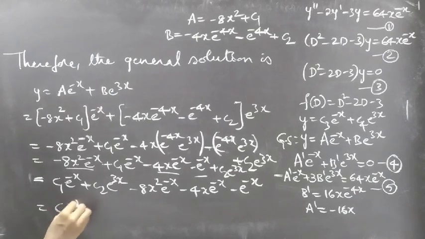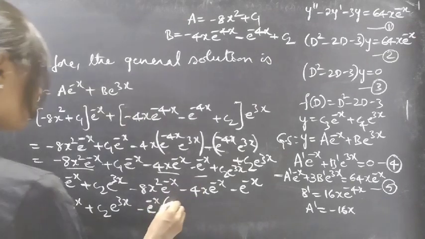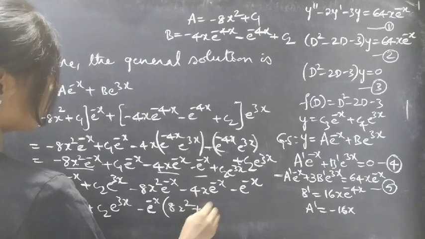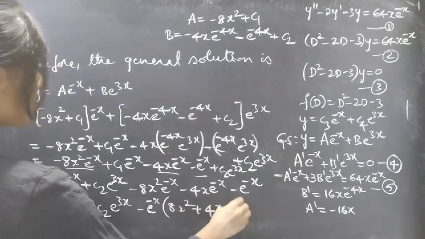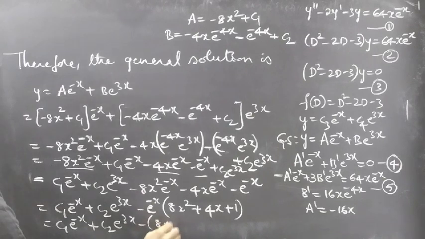This gives us c1 e power minus x plus c2 e power 3x minus e power minus x times 8x square plus 4x plus 1. Or you can just write this as c1 e power minus x plus c2 e power 3x minus of 8x square plus 4x plus 1 into e power minus x.